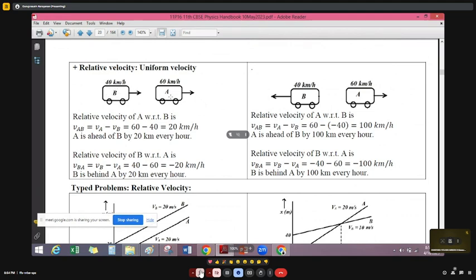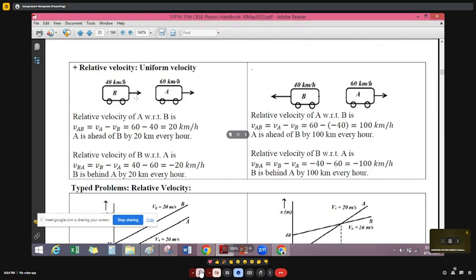With respect to the ground, you are going at 60 km/h. But with respect to your friend, who is traveling in B, you are going only at 20 km per hour. It's like velocity of A with respect to B is VA minus VB. So 60 minus 40.